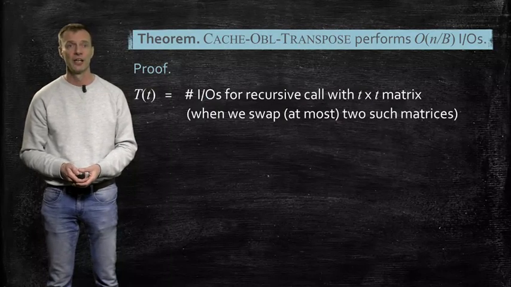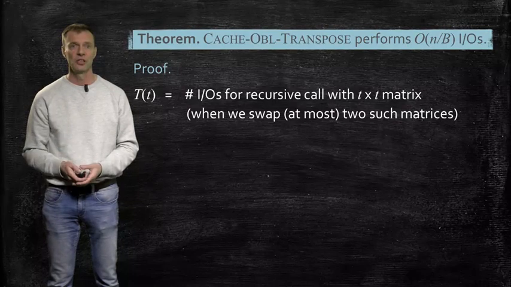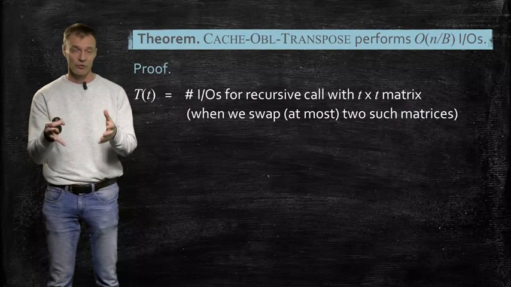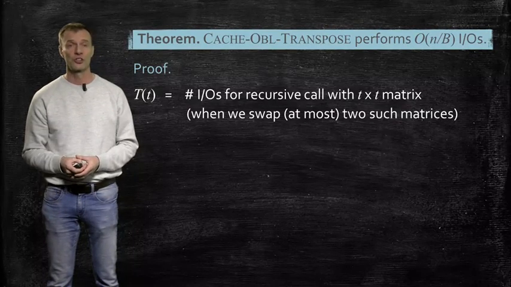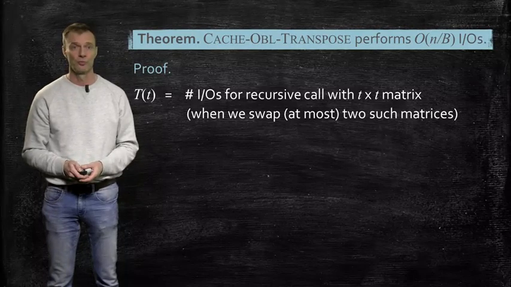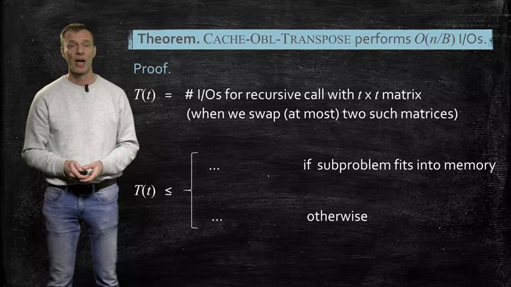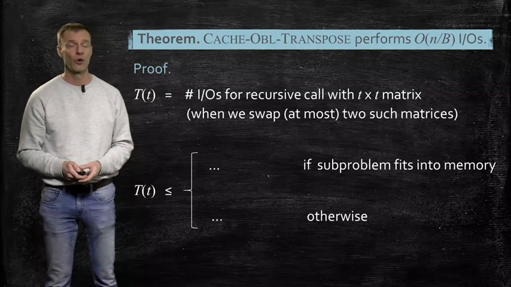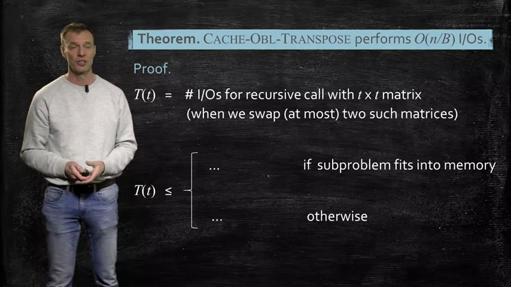Okay, so I define T of T to be, if you have a call on a submatrix of size T by T, the number of IOs that you do. And I want to have a recurrence formula for this T of T, and that you see here.